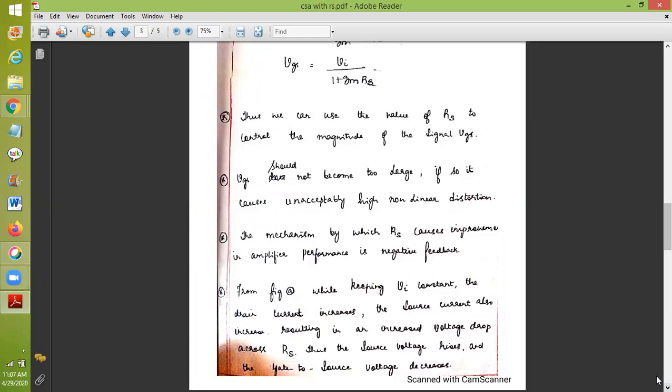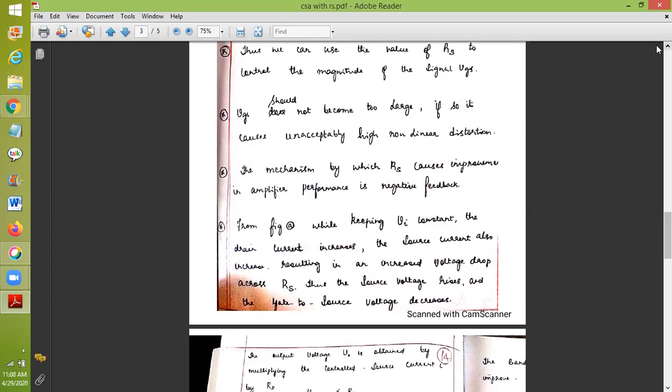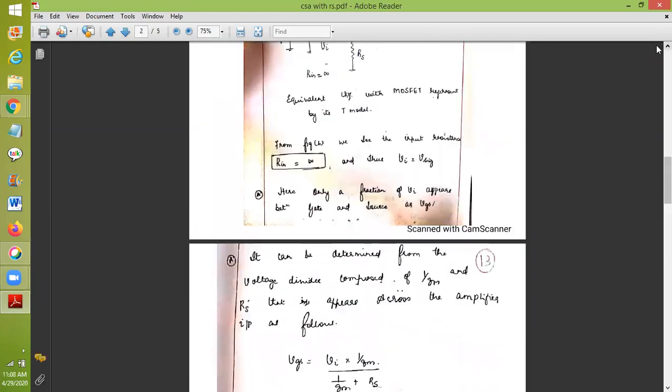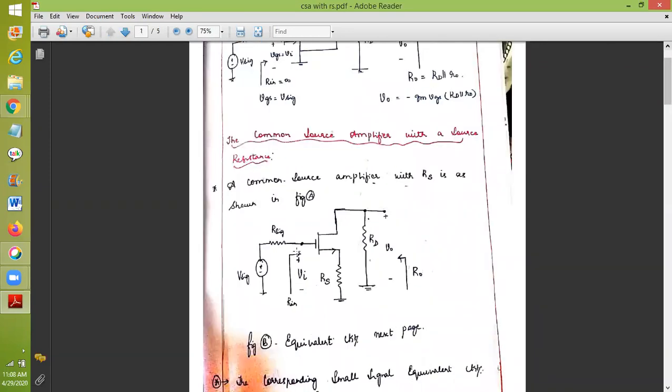Okay, now let me derive the different equations, the gain equation and the others. Let me go for the first circuitry here. If the value of VGS increases, the value of ID increases. So how to find the output V0?